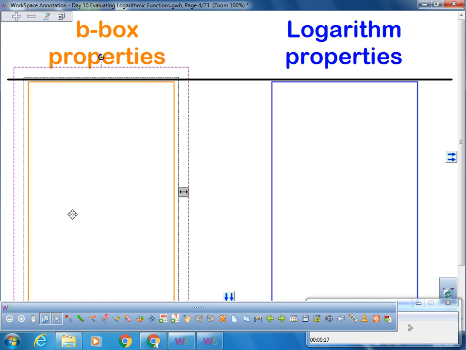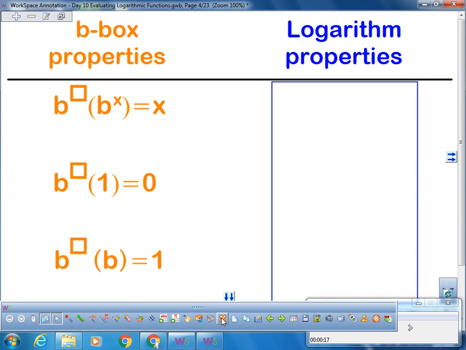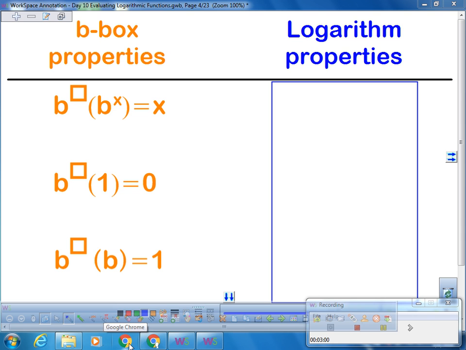All right, log properties. Let's turn our b-box properties into log properties. So just like I said previously, b-box is just log b, right? So if I rewrote that, log b is my b-box. This part is my log base b, and it would just be log base b of b to the x equals that.